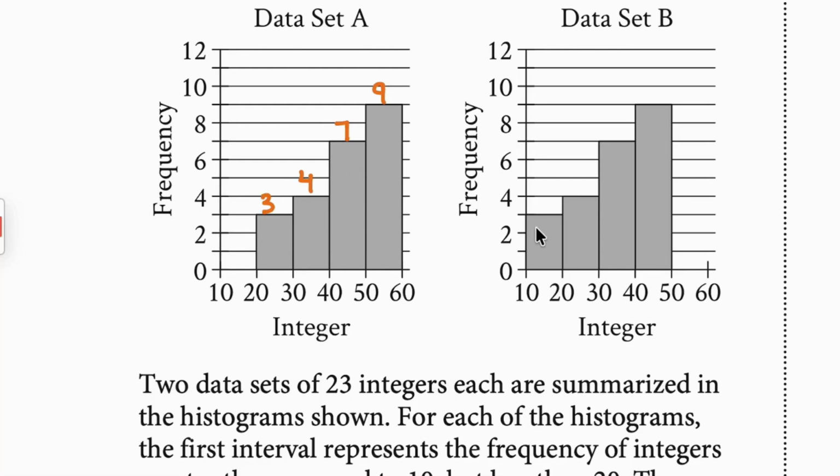And this one too, it's 3 and 4 and 7 and 9. So that means the frequency is the same, but this is different, 10 to 20, 30 to 40.